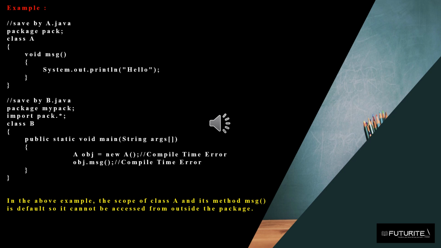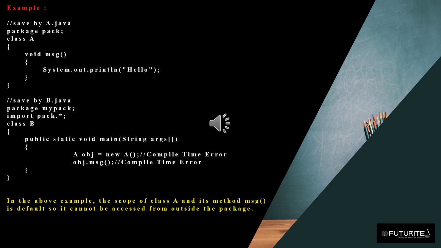So let us understand the default access modifier through an example. There are two packages in this example: package pack and package mypack. Here we are importing the package in the line import pack.*.